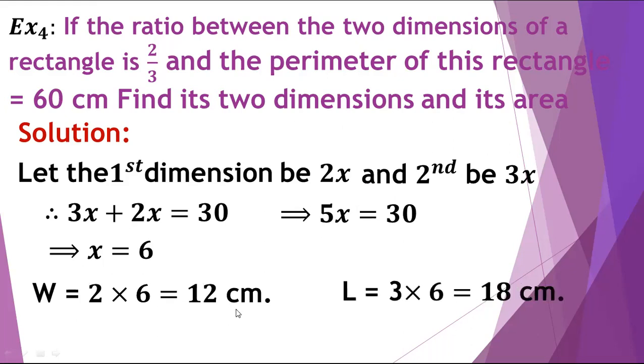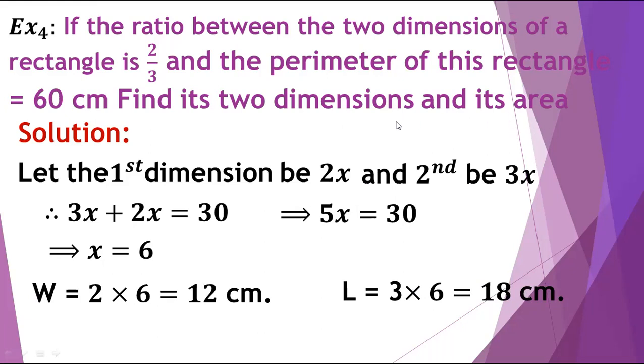And the second dimension, we can multiply 3 times 6 because x equals 6. 3 times 6 equals 18 centimeter. That means the first dimension is 12 centimeter, and the second dimension is 18 centimeter. Now we can easily find the area of the rectangle.